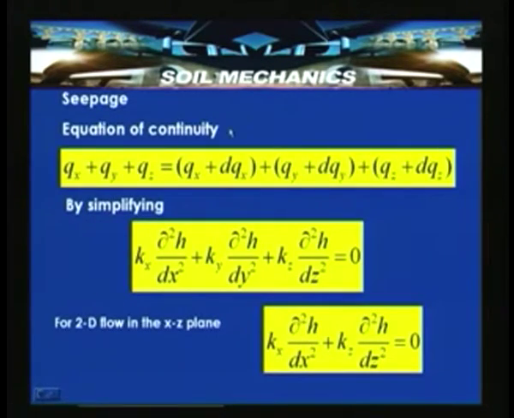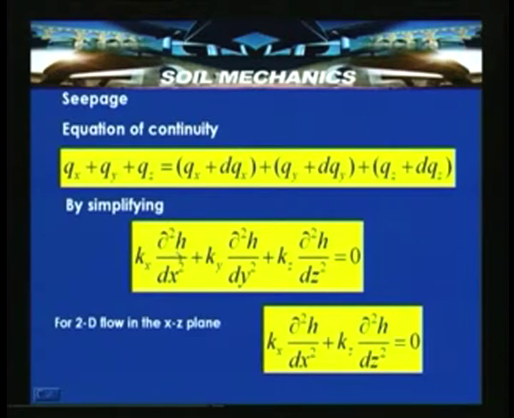From this we can write the equation of continuity by equating the flows entering the element and the flows leaving the element. The sum of the flows entering the element in x, y, z direction can be written as qx plus qy plus qz. Similarly, the sum of the flows leaving the element is qx plus dqx plus qy plus dqy plus qz plus dqz.